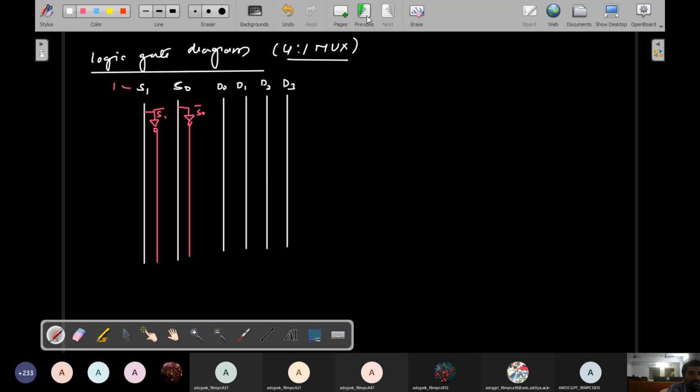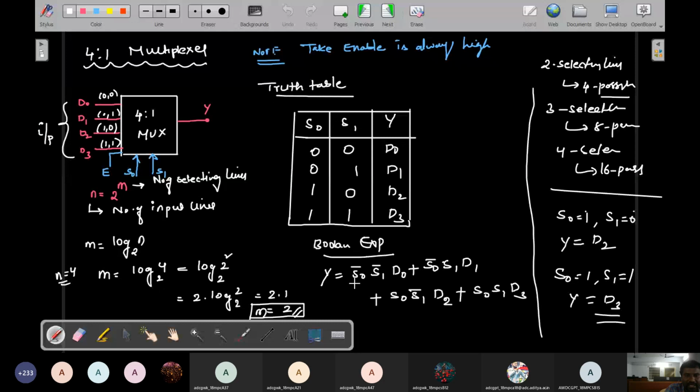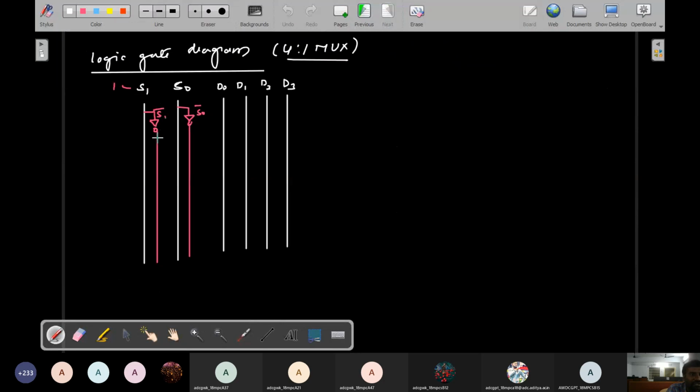So simply first expression, see first one, S0 bar, S1 bar, D0. So first S0 bar, see this is the S0, I'll use another color, so simply you can understand. S0, S1 bar and D0.